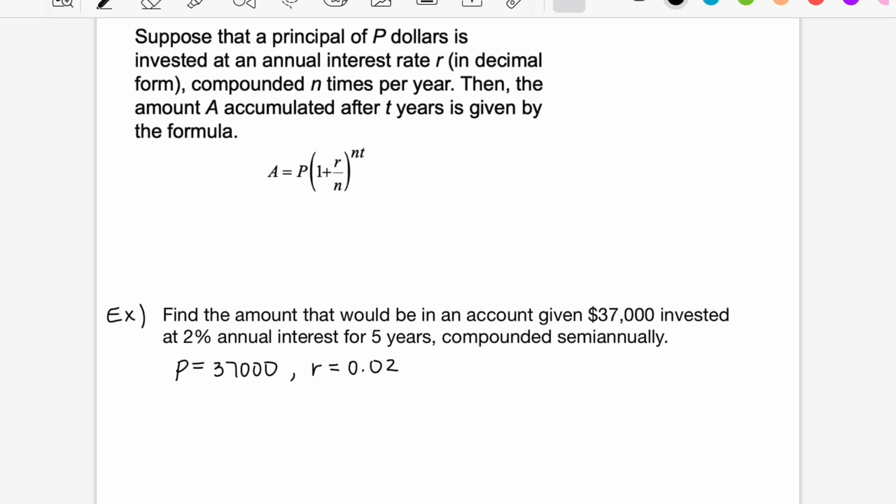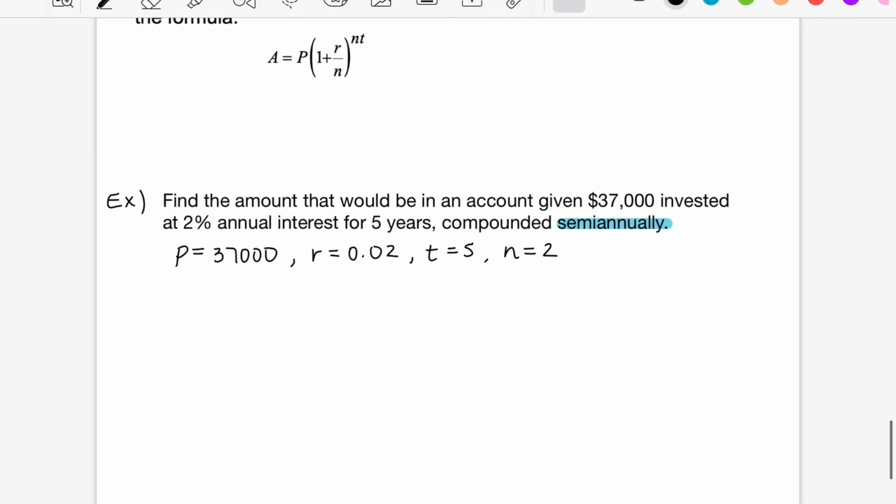We also know that our T years is going to be 5. And lastly, we're compounding semi-annually. So this means twice a year, so n is going to be equal to 2. So what we can do is plug all of this information into this formula here and get our value for A.